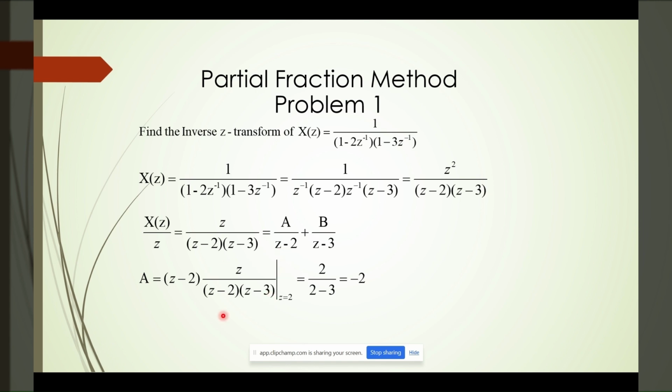Can you understand? So for X of z by z, these two get cancelled. If we substitute z equal to 2 in z by z minus 3, we get minus 2. I think you got up to this. So next, the step is to find the value of B. B is equal to z minus 3 into z by z minus 2 into z minus 3 at z equal to 3.